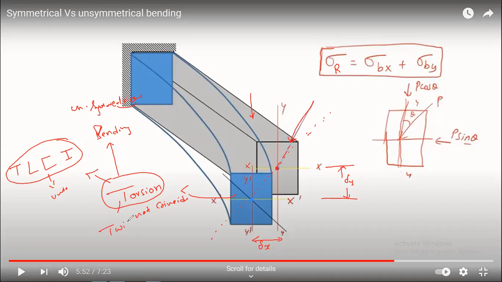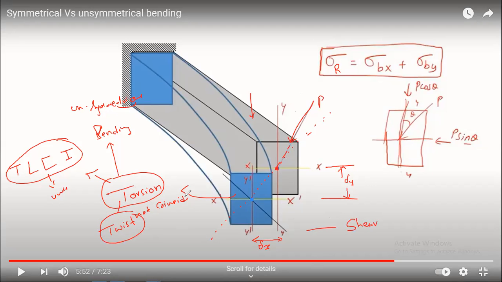Torsion means you may see twisting in the member. To control this twisting, you should not pass load through the center of gravity. You should pass load through the shear center. If you pass load through the shear center, you can control the torsion in the beam.